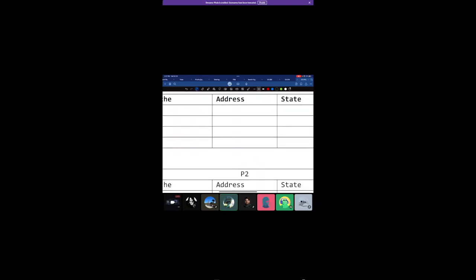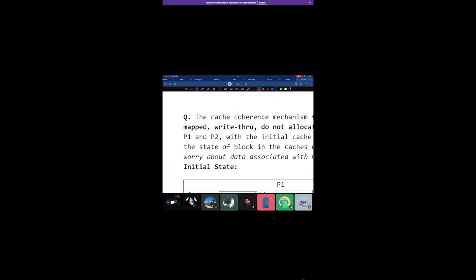From that, processor 2, address 27, is going to go from shared to exclusive. First, it's going to go from shared to modified, then from modified to exclusive, but we're kind of skipping over that because we modify the cache, and since it's write through, we're updating the main memory as well. So since they're equal to each other, it is exclusive from that.